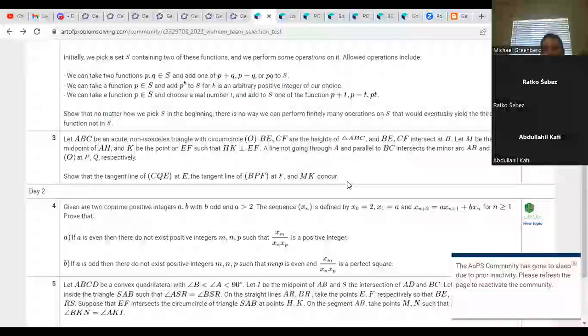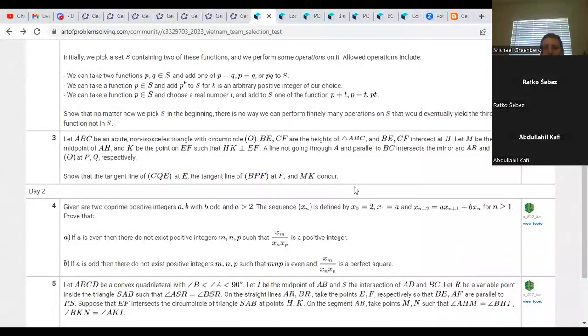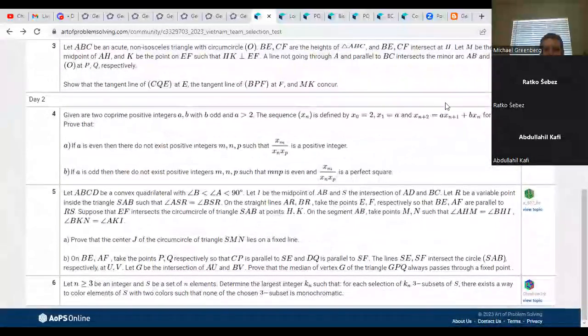So problem 3, we solved that with moving points. This was the other one that he said was good. You want to try this?